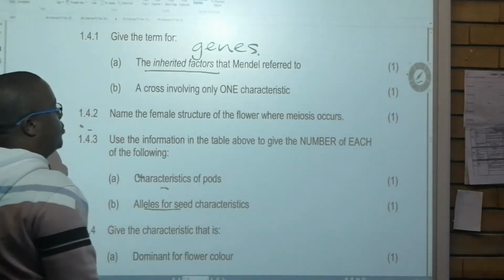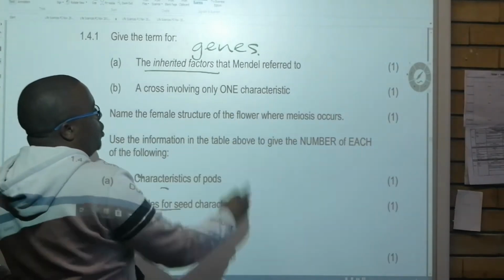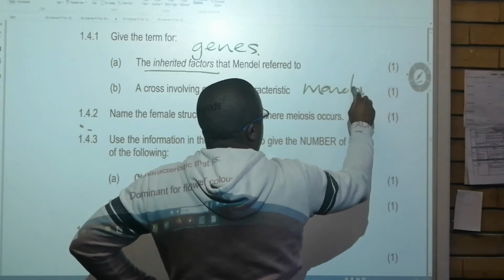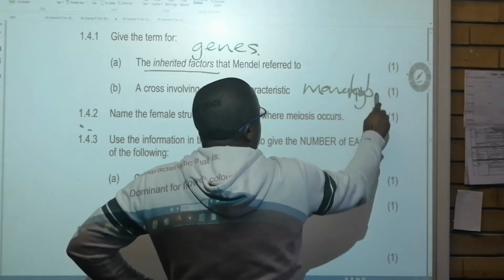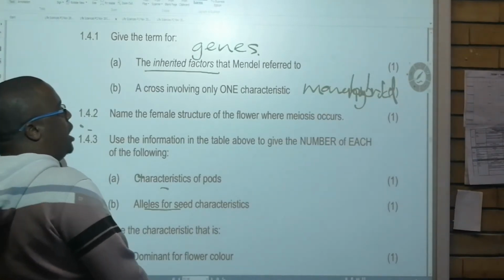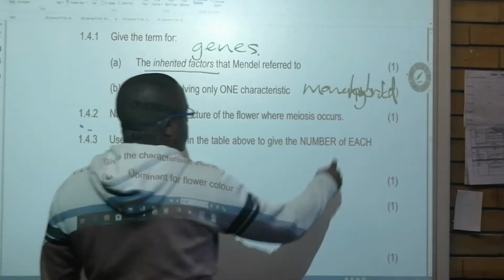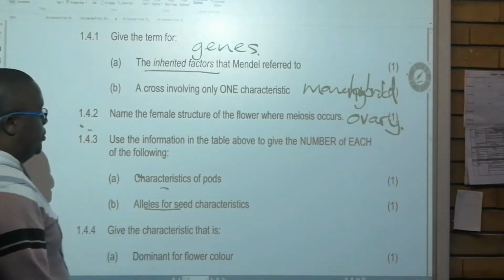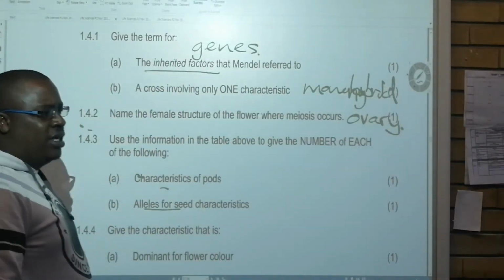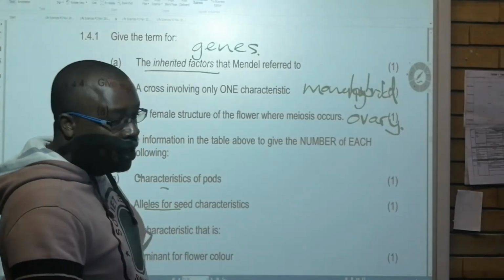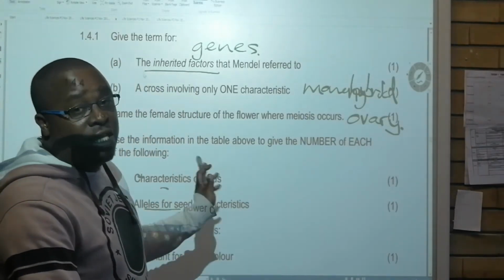That's genes. A cross involving only one characteristic, monohybrid. Name the female structure of the flower where meiosis occurs. Ovary. You can write gynoecium and all those, but ovary, yes, it's also correct. It's the most correct one. That's the one that's in your textbooks.